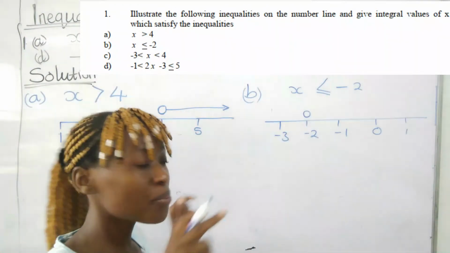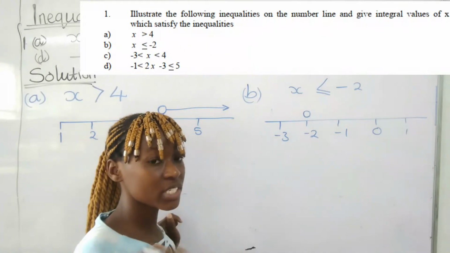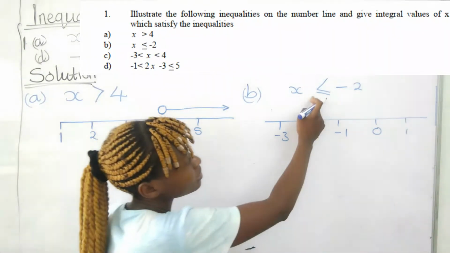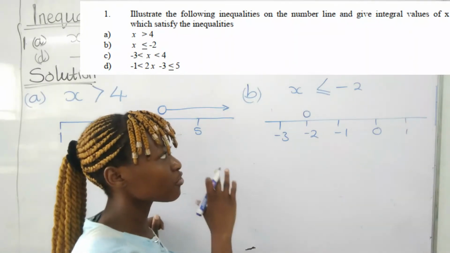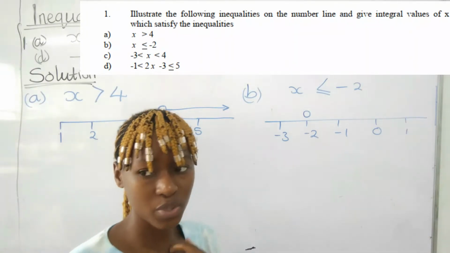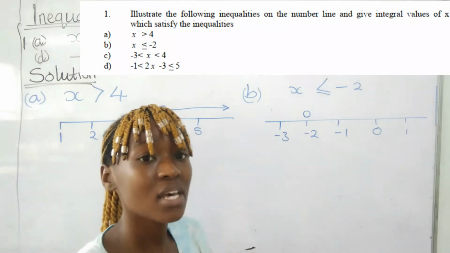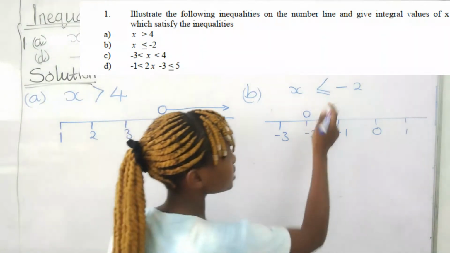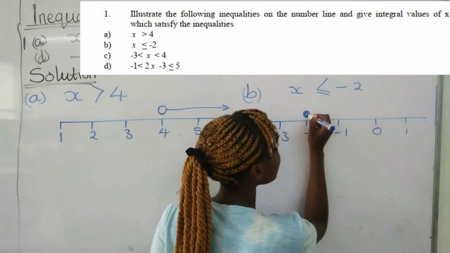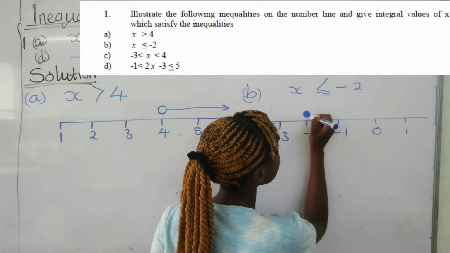What makes you put an empty circle or a shaded circle is this equal sign, the equal to. So before you even read whether it's going upwards or downwards, you have to focus on whether it's equal to or not equal to. For this one it's equal to, hence you're going to shade the inside of the circle.